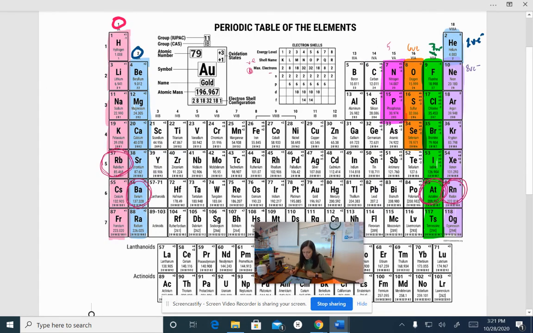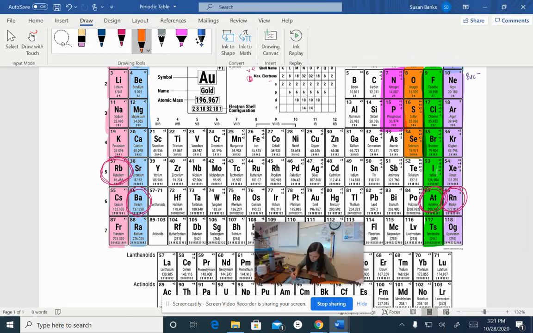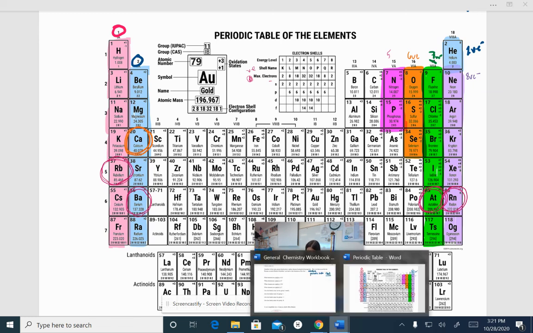I'm going to find it right here, and I'm going to change my color. Calcium's right here. Okay? So that means the elements in this second column, beryllium, magnesium, calcium, strontium, barium, and radium, would all have very similar chemical properties and physical properties. So let's list them there.